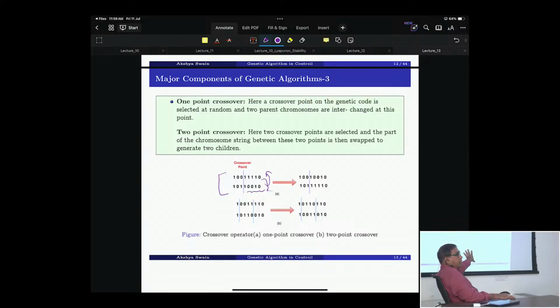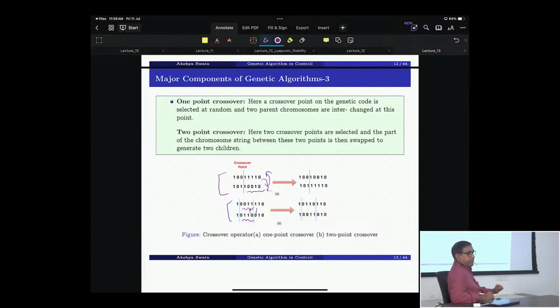Either you can do it that way, single point crossover, or 2-point crossover. You see this one. This part is changed. Other things remain the same. See here. This part goes here, this part goes here, and this part comes here.